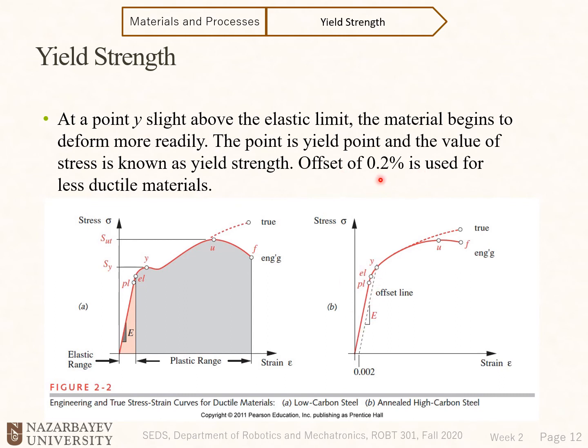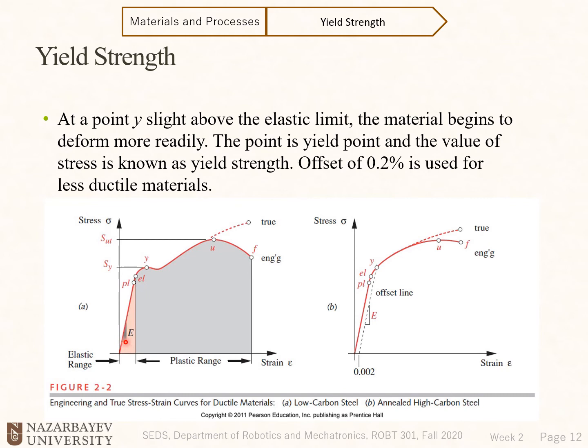Based on the standard definition, we just need to offset the strain from the origin by 0.2%, then plot a line parallel to the elastic region, and the cross point of this auxiliary line and the real curve will give us point Y and the yield strength.